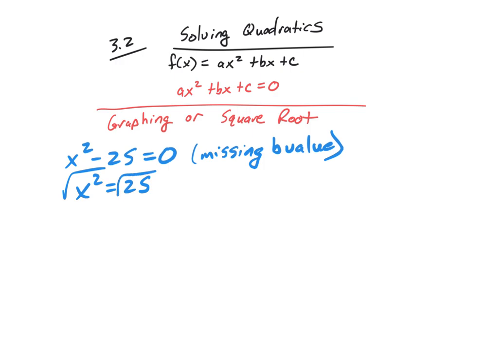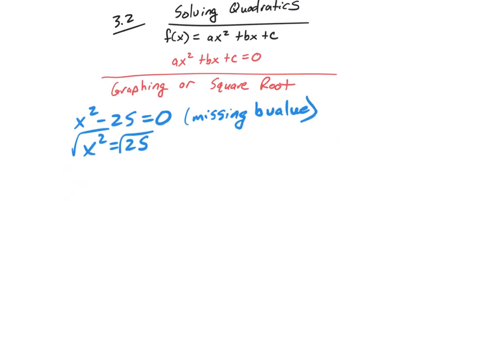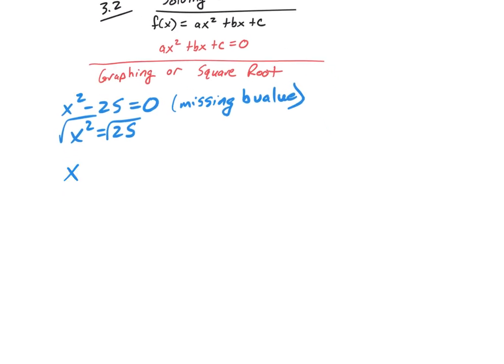But when I take the square root, this is where you got to be a little bit careful. My answer here is a positive or a negative 5. There's actually 2 solutions, and we're going to find that out today, that on a lot of these problems, there will be 2 solutions as we solve it out.